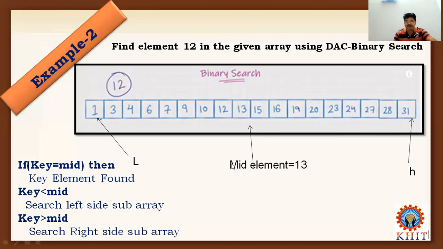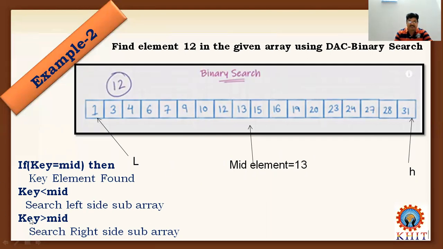Middle element m is equal to low plus high by 2. So we can find that 13 is the middle element. Once we have the low, high and middle elements, we can check the conditions.